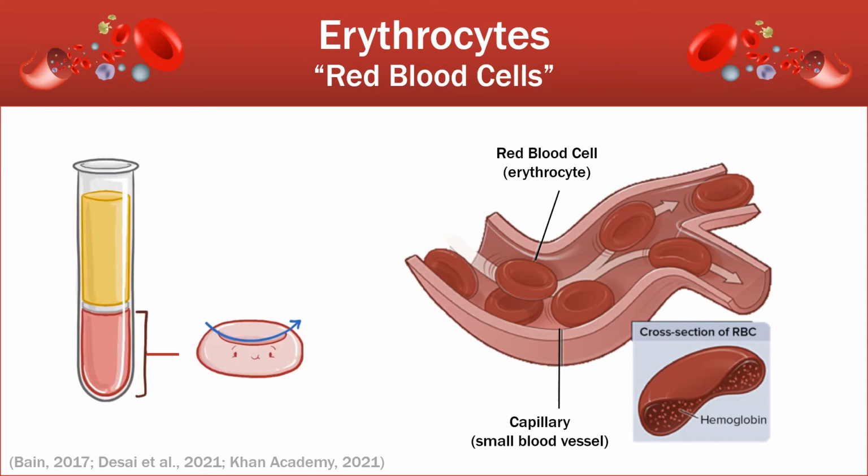On the other hand, an increased hematocrit value can be due to dehydration, because if there's less liquid in the blood, then the portion taken up by erythrocytes would increase. Alternatively, there might simply be too many erythrocytes being made, which can happen in certain diseases.